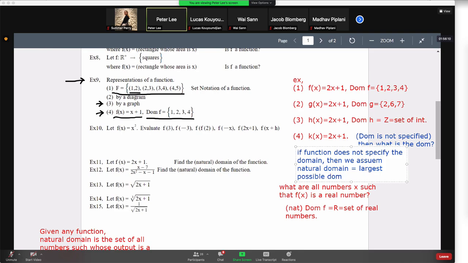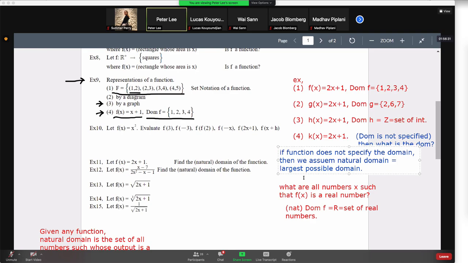So if the domain is not specified, we will take the largest possible domain, and that's what we call the natural domain. So you're right. For example 4, if they write k of x equals 2x plus 1 and they don't give us the domain, then yes.